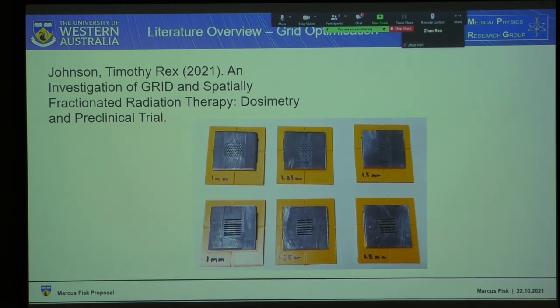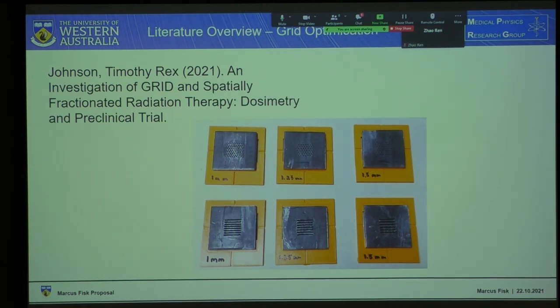So a high peak to valley dose ratio is required. As we go from the left to the right, the hole spacing, or the spacing between the beamlets, increases, and he found that the peak to valley dose ratios increase as you move to the right, but it has a diminishing return after some point.